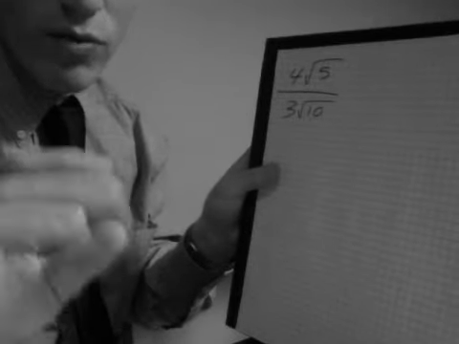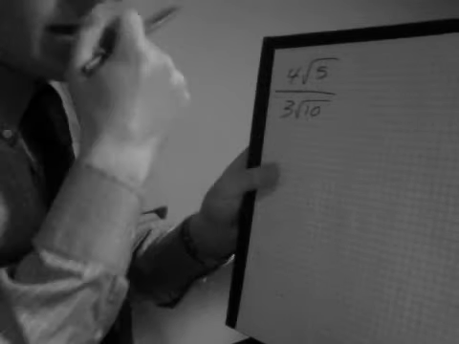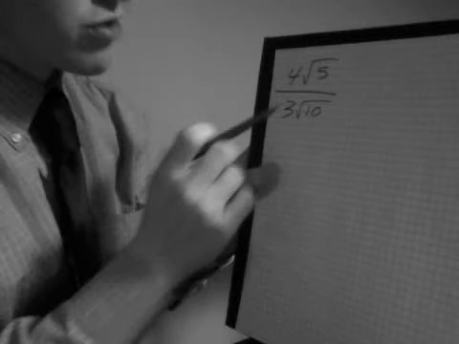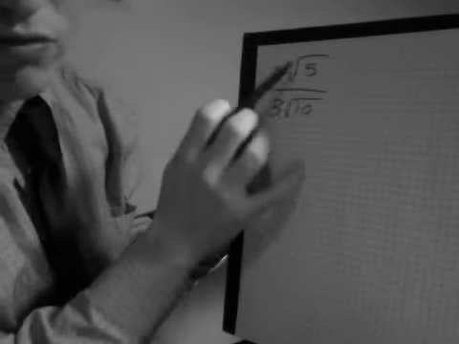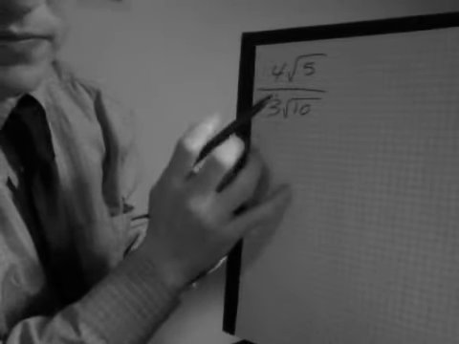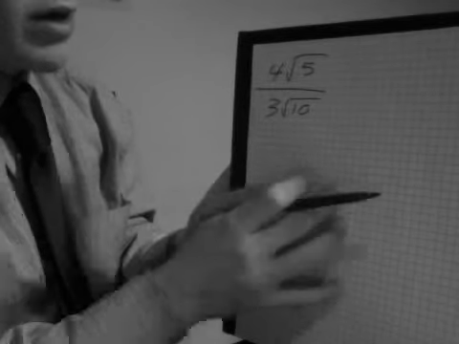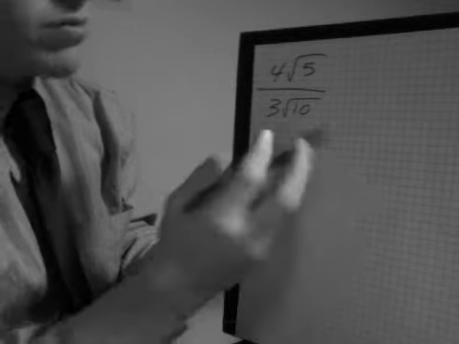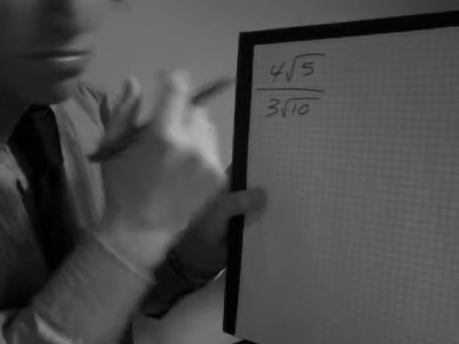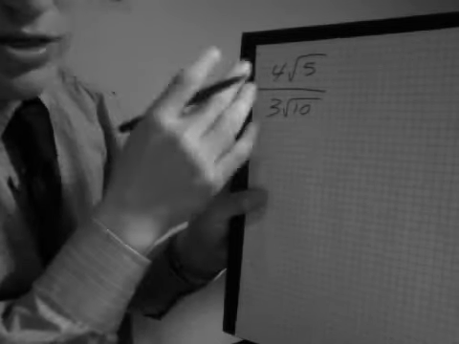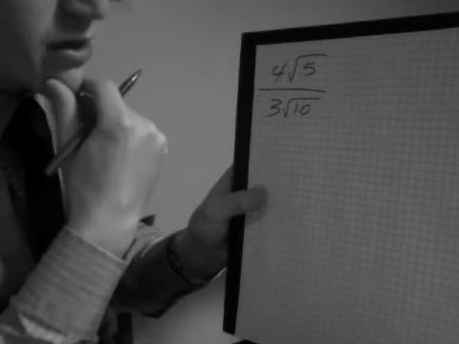Okay, first thing, if you want to get out your notes, that'd be a great idea. The first thing I do is make sure it's written as a radical over a radical, which I have here. And the second thing I do is check for any shortcuts. I don't see any perfect squares.